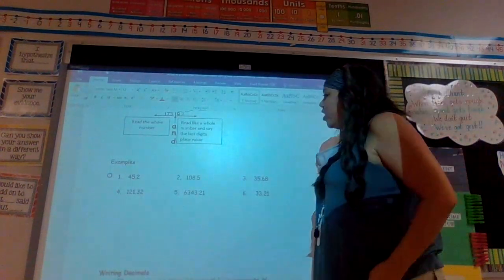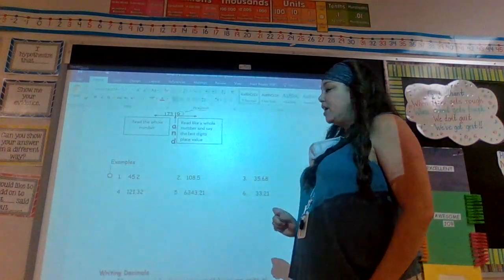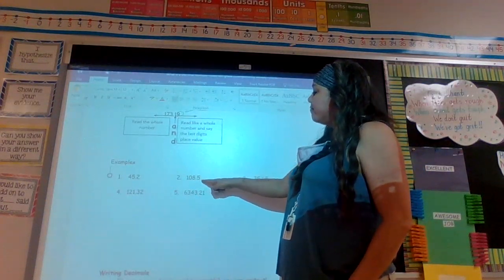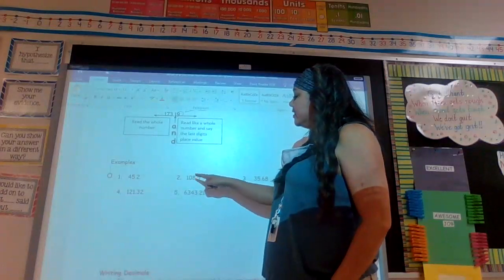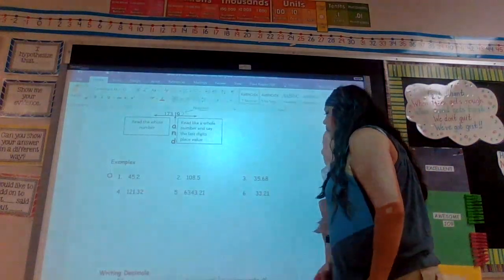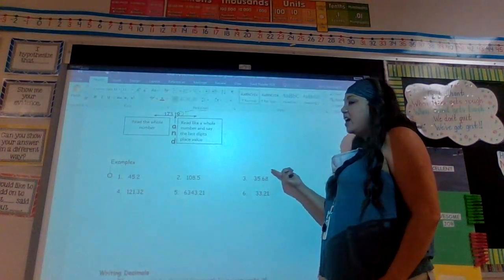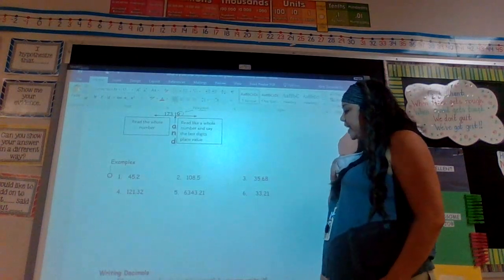Alrighty. I hope you've had some good practice reading these. This one says 108 and 5 tenths. It is between 108 and 109. Next, 35 and 68 hundredths. That 8 is in the hundredths place. Remember that decimal is and.